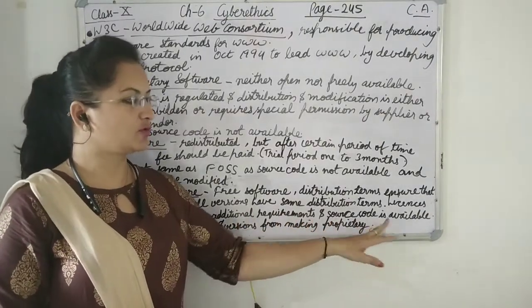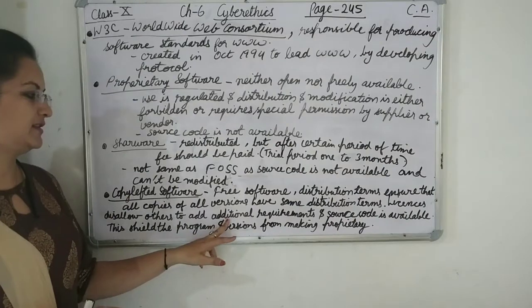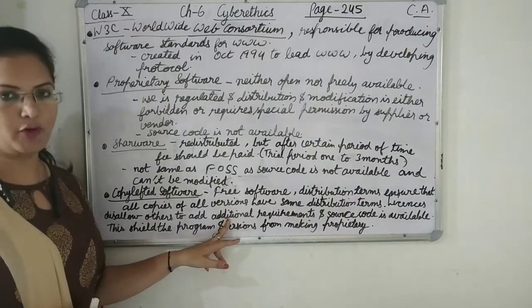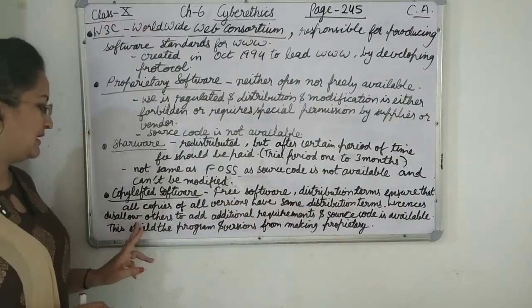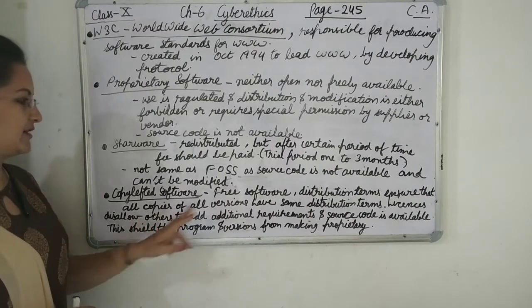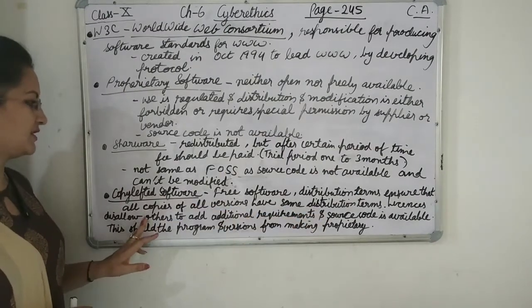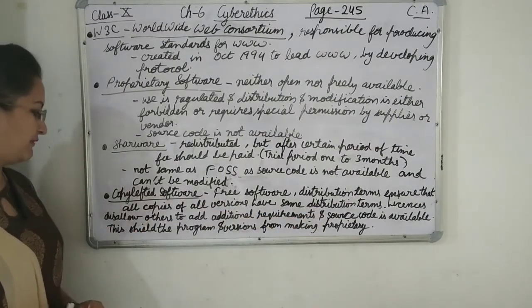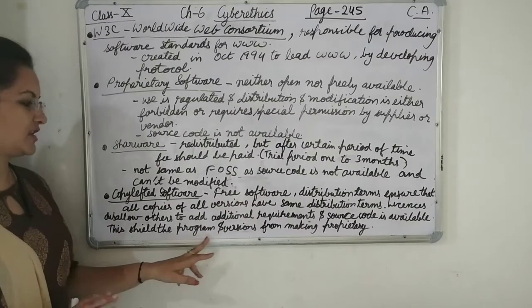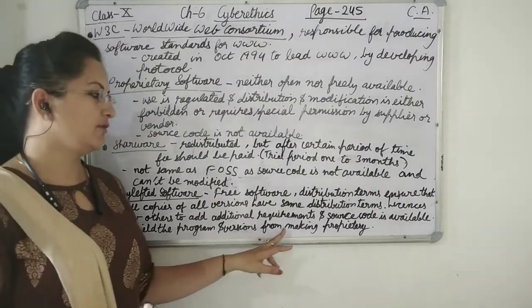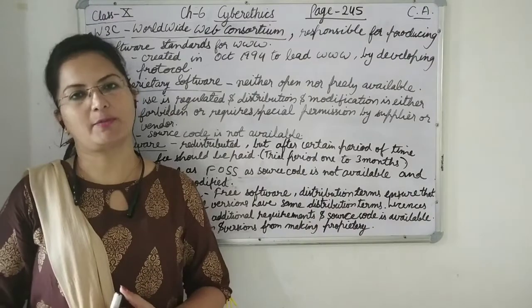So here the source code is available, but people will not be able to modify it because of the license. Their terms and conditions are restricted, so this way it will shield the program and its versions from becoming proprietary.